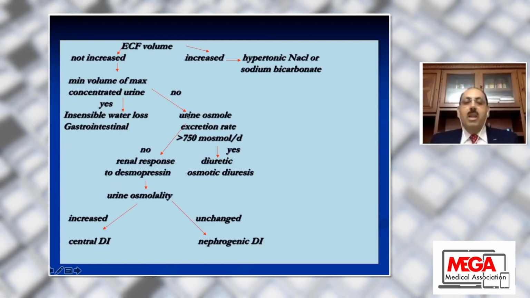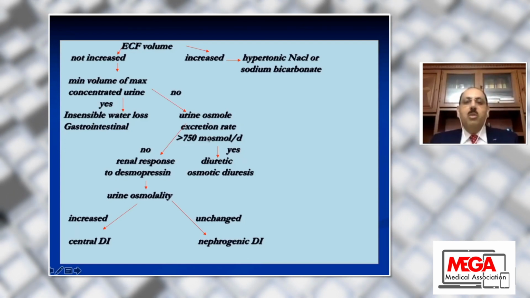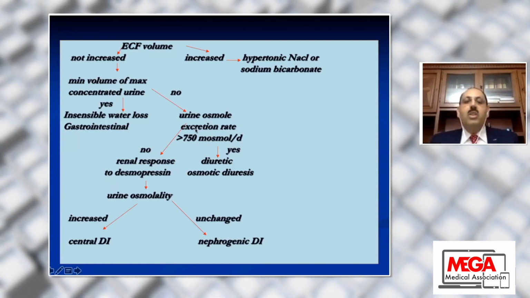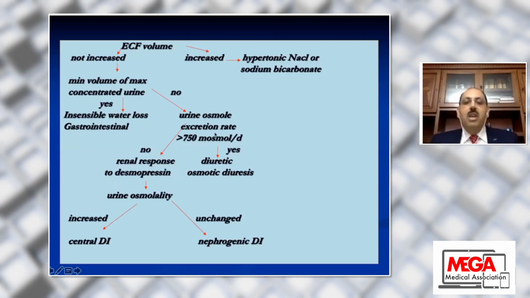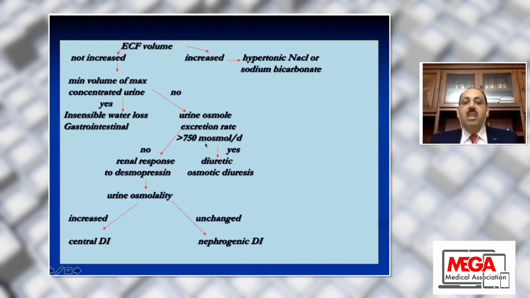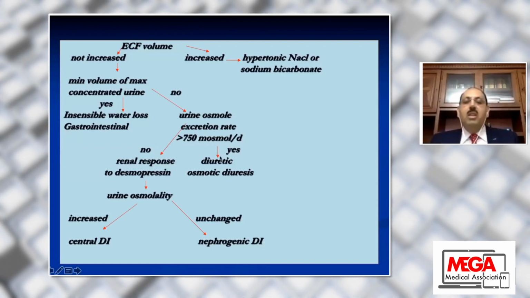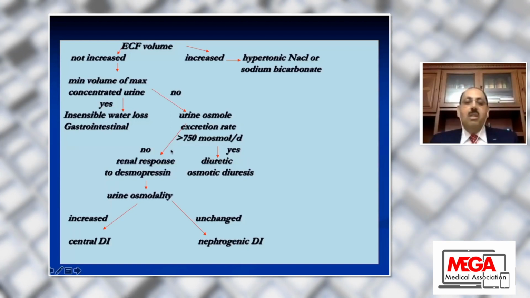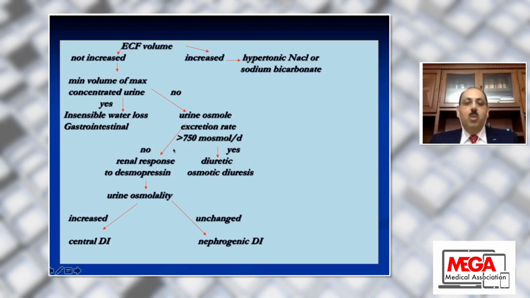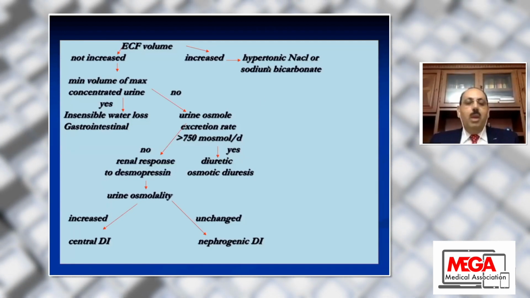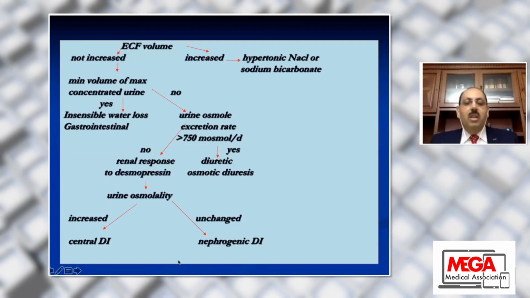If not, and we have a large volume of urine, we can assess the urine osmolality or the excretion rate of urine osmoles. If it is high, greater than 750 milliosmoles per day, the cause will be diuretic or osmotic diuresis. If not higher than 750 milliosmoles per day, we consider the cause is diabetes insipidus.